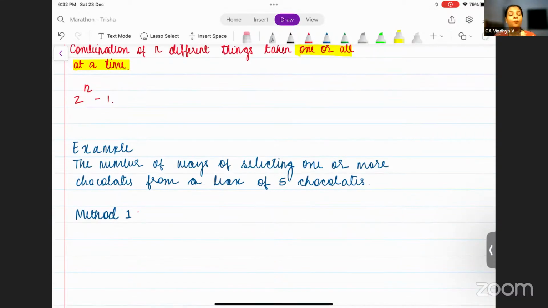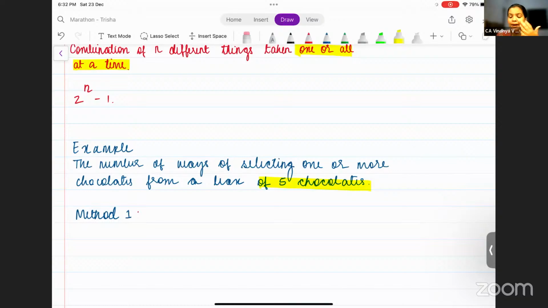Let us say I give you a box of 5 chocolates, with a condition that you have to consider at least one or more, correct? At least one. But when I say at least one, can you consider 2? Can you consider 3? Can you consider 4, 5, 6? No, 6 is not possible because the box itself has 5 chocolates.